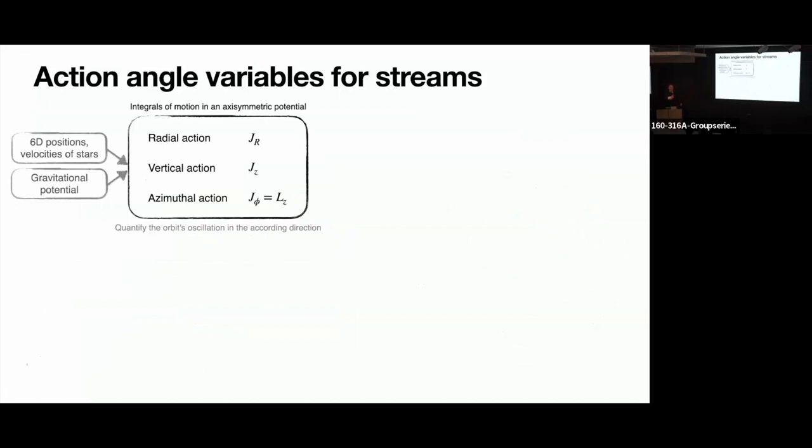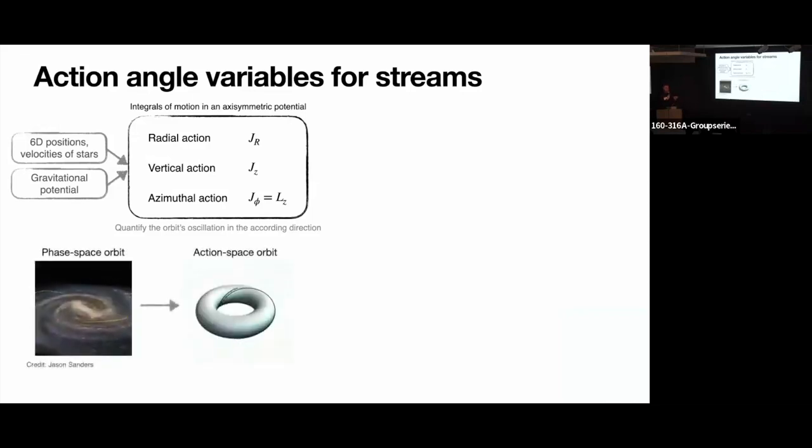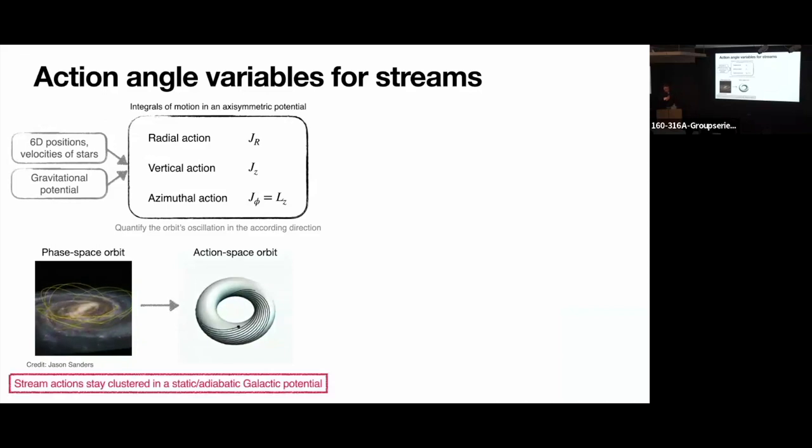In action space, you have three actions, which are the spherical actions. You can also have axisymmetric actions, but in this talk I'll be considering spherical actions. When you've made the change to action space, your actions are then able to be integrated, so you're integrating an orbit of a star by just linearly increasing the angles. But thankfully, we don't have to worry too much about this. I'm not going to be integrating the streams that we see today in action space.